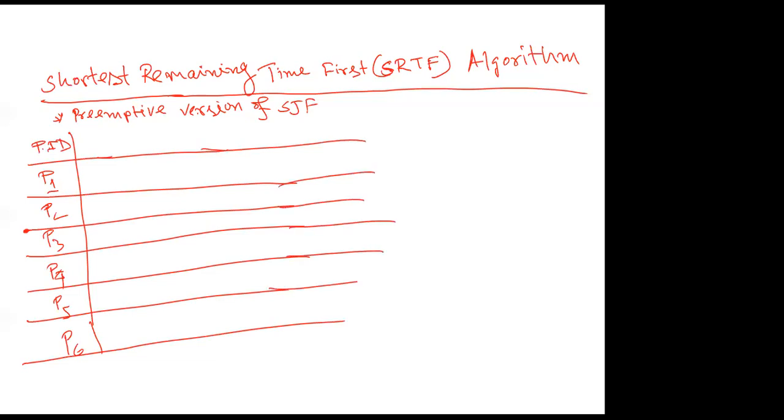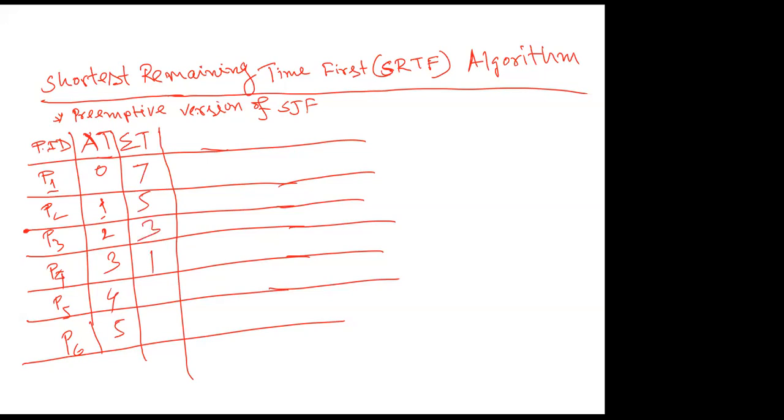Then their arrival time, or AT. Process P1 arrives at time unit 0, and then 1, 2, 3, 4, 5. And their execution time, or ET, is 7, 5, 3, 1, 2, 1.